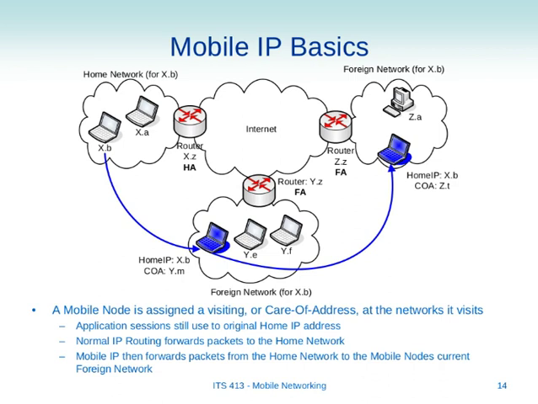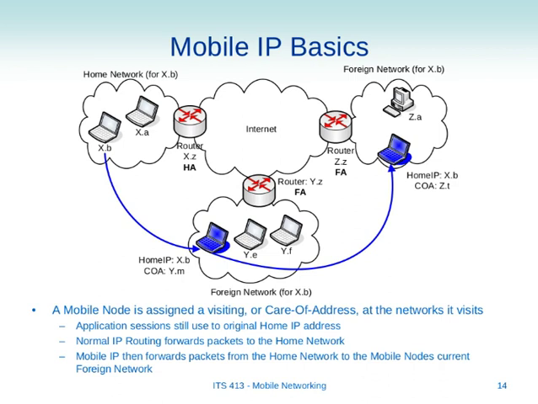Let's start in the first move. What we do is we have our normal IP address, x.b. When we move into a new subnet, we get a new second address, a care of address.